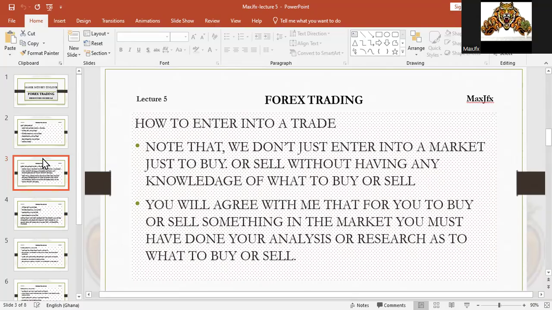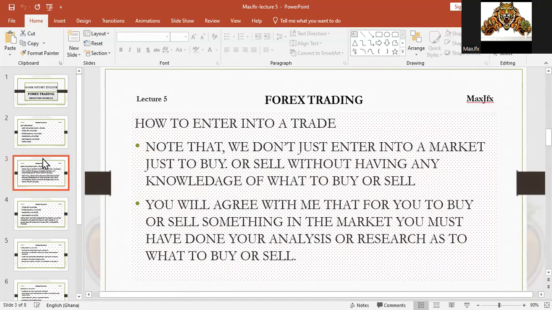In the forex market, you have to have a price at which you want to buy, and what you want to buy. You don't just buy anything. What do you want to buy and how much do you want to buy it? That is the same way you treat the forex market.